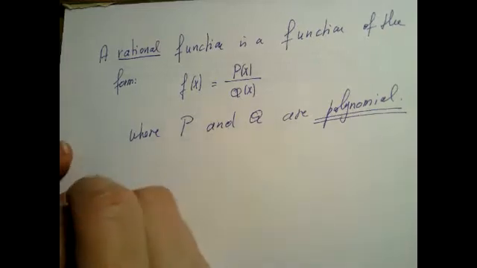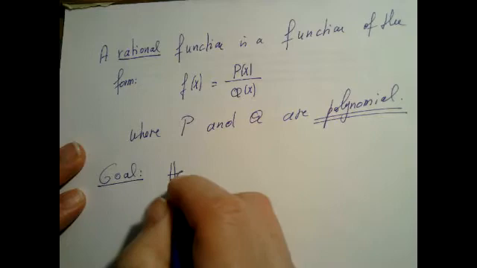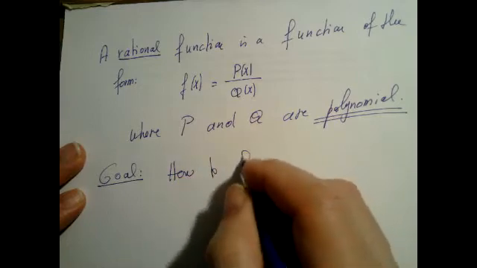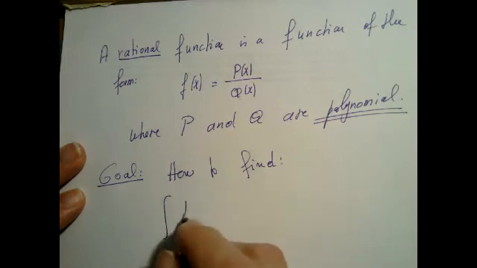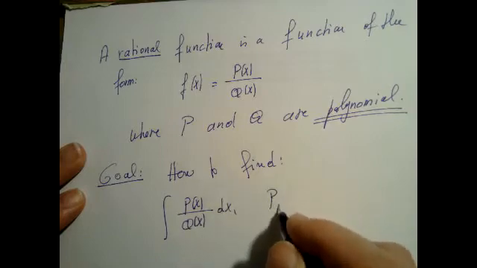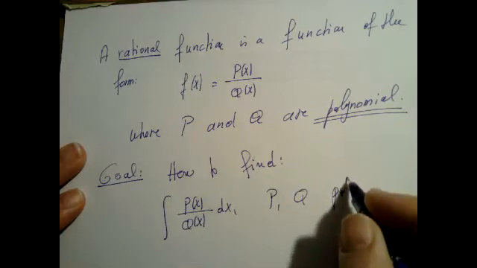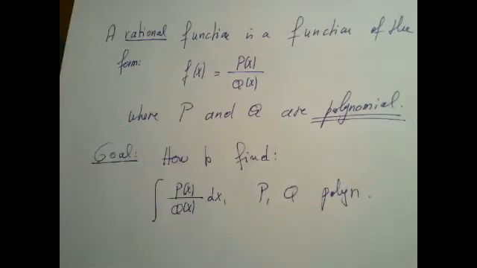So the goal is how to find the integral of p of x over q of x, where p and q are polynomials. Basically, how to find the antiderivative of a rational function. That's really the goal of this section.